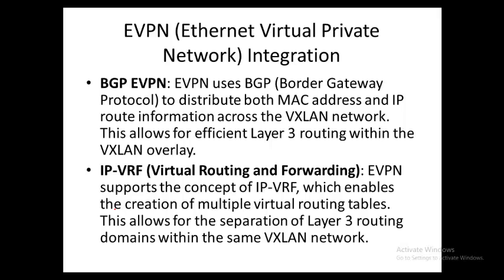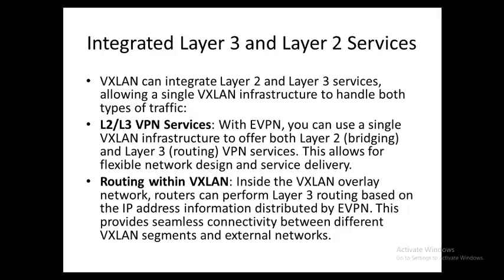To explain this only, I took the layer 3 routed multilayer switch and router example. Routing within a VXLAN: inside the VXLAN overlay network, routers can perform layer 3 routing based on the IP address, which is distributed by EVPN. This provides seamless connectivity between the different VXLAN segments and the external network as well. This was discussed earlier.